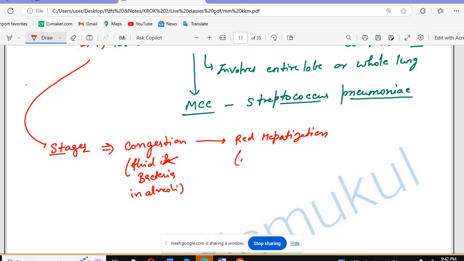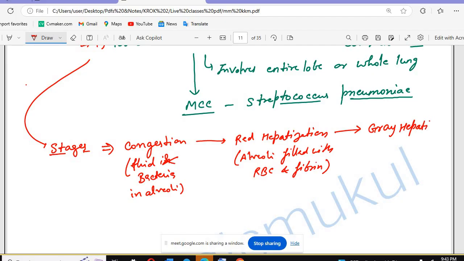At this stage the alveoli are filled with RBC, and there will be fibrin material. After the red hepatization, there will be the gray hepatization, which basically means the breakdown of RBC.